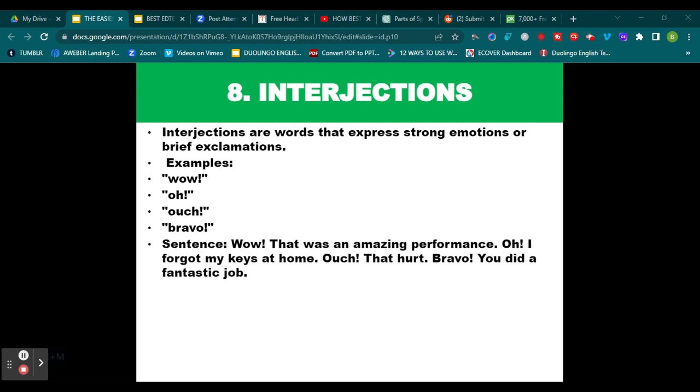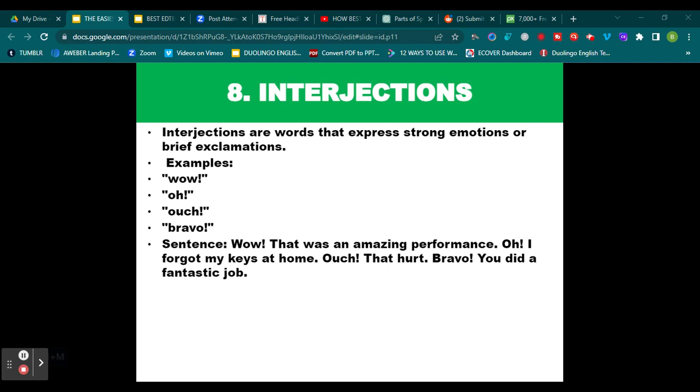Now let's use them in a sentence. Wow, that was an amazing performance. Oh, I forgot my keys at home. Ouch, that hurt. Bravo, you did a fantastic job. You see, so you use interjections to express very powerful feelings or emotions, okay?